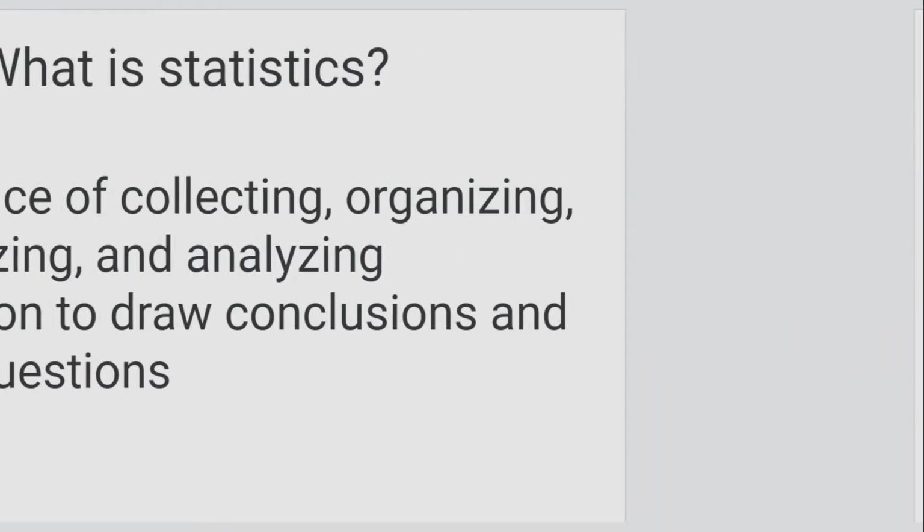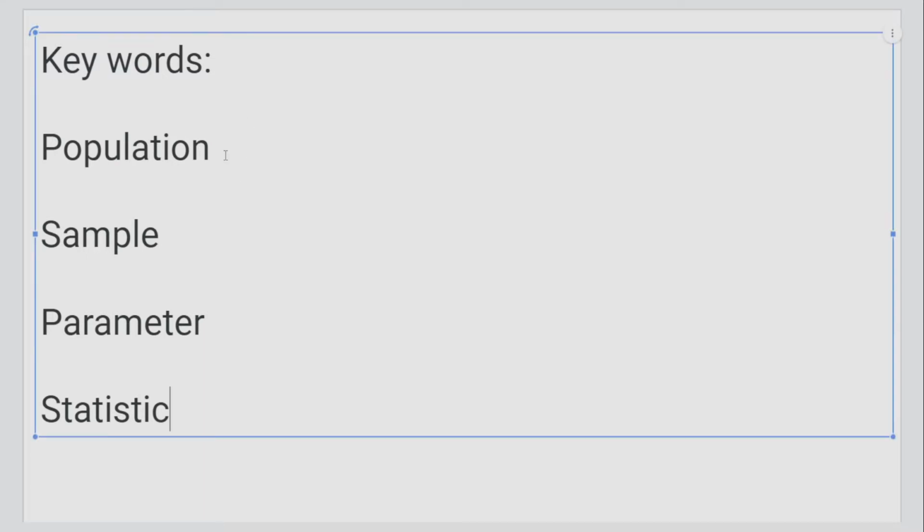Okay, so some keywords you need to know from this chapter are population, sample, parameter, and statistics. Some of these words you've probably heard before in some capacity, but I will go over the definitions as they relate to this class. So the population is the set of all individuals being studied.